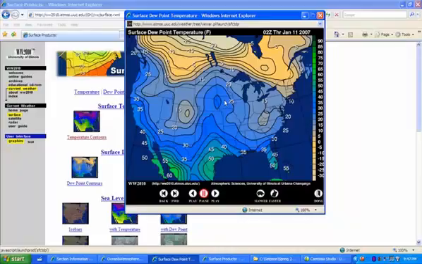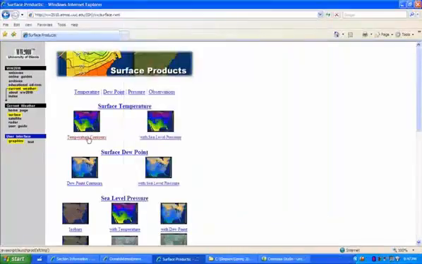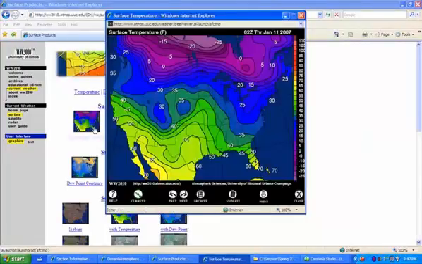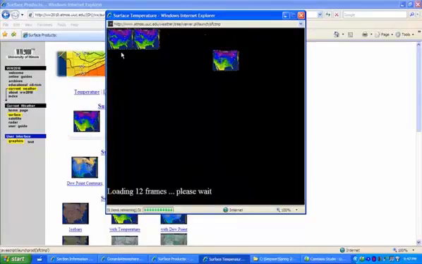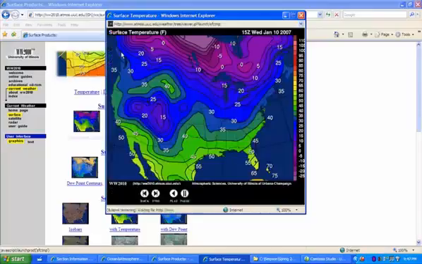What about 18Z temperatures? Well, let's go back to our temperature contours. And if we look at the last 12 hours, and let's go to 18Z.